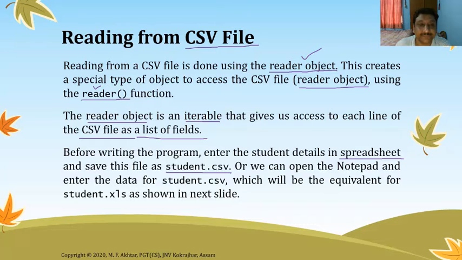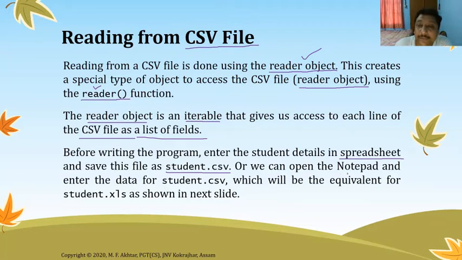We put some data in the Excel sheet, and while saving the file we select CSV comma separated values as the file type and give the name student. This file will be saved automatically as a CSV file.